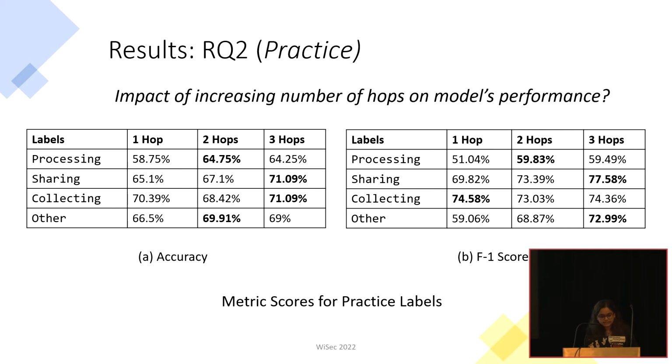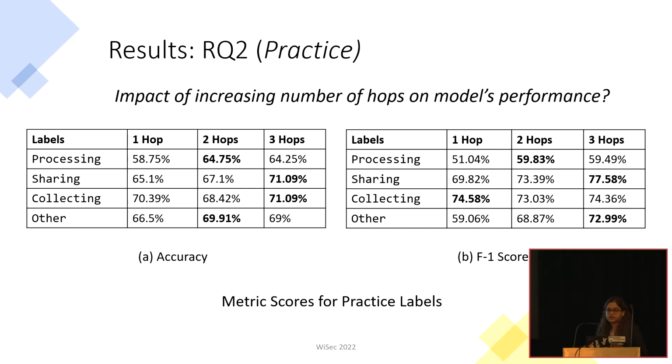So this is the result for the practice, and we can see that in the first hop for processing we received 58.75% accuracy. But once we gave the additional information, that is the second hop, the accuracy increased a bit and we received 64.75%. However, the accuracy decreased a little bit once we introduced another hop, that is the third hop.